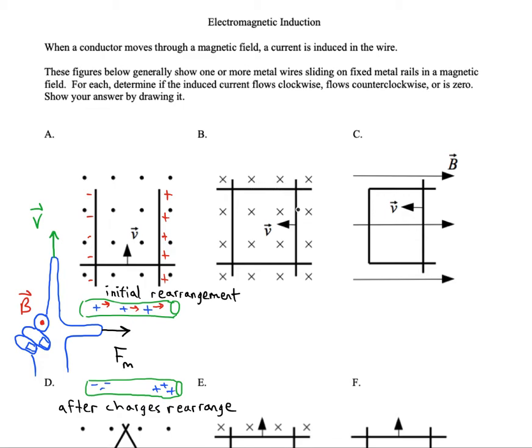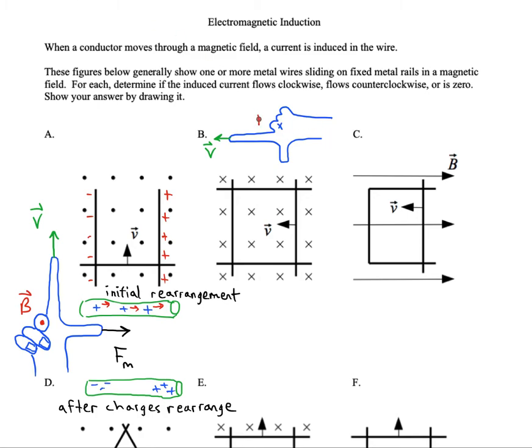For setup B, though, we see that we do have a closed loop. Let's use the right-hand rule on this wire. In this case, the velocity of the bar is to the left.